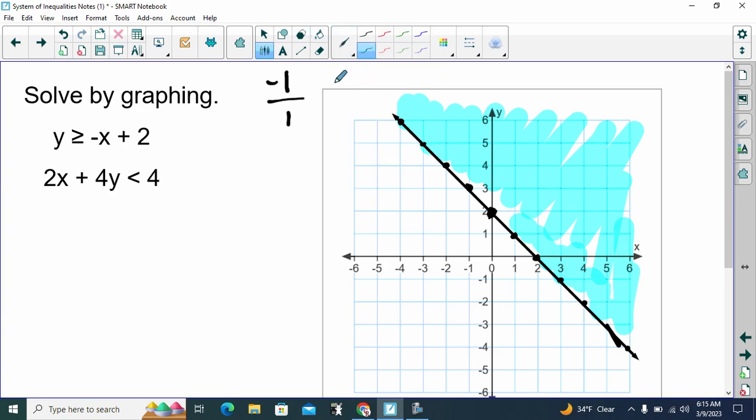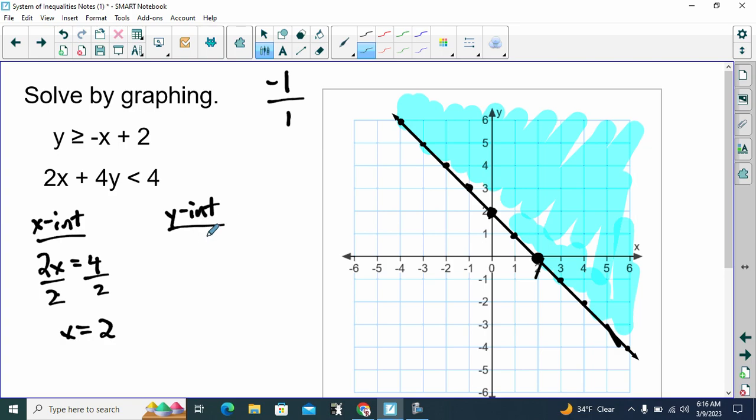My second inequality, 2x plus 4y is less than 4. My x-intercept, I put in 0 for y. It says 2x equals 4. Solve for x. X-intercept is 2. Get my y-intercept, put in 0 for the x.